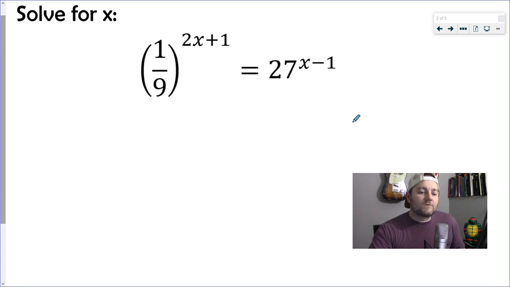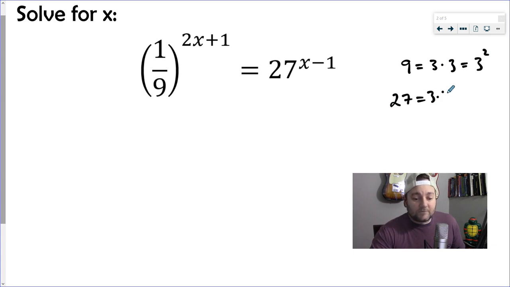What do 9 and 27 have in common? Well, 9 is equal to 3 times 3, which is 3 squared. And 27 is 3 times 3 times 3, which is 3 cubed.